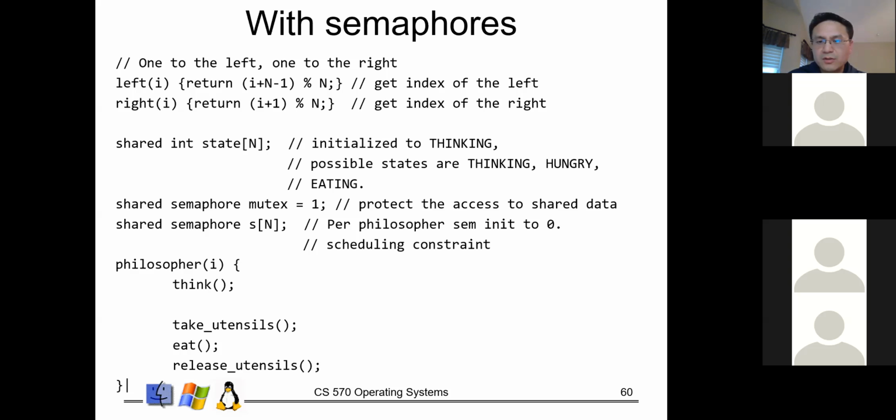We talk about mutually exclusive access to multiple resources, in this case the utensils, and the hold and wait property, and no preemption and circular wait. The quick idea is that the implementation I'm showing you is trying to break the second condition, hold and wait.